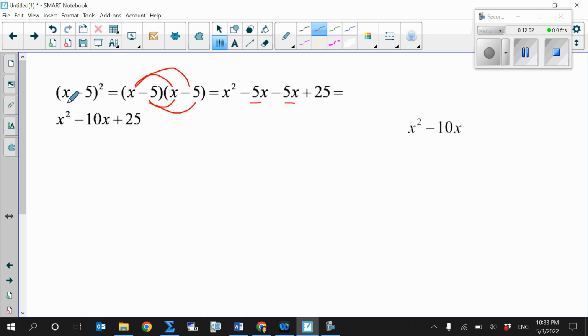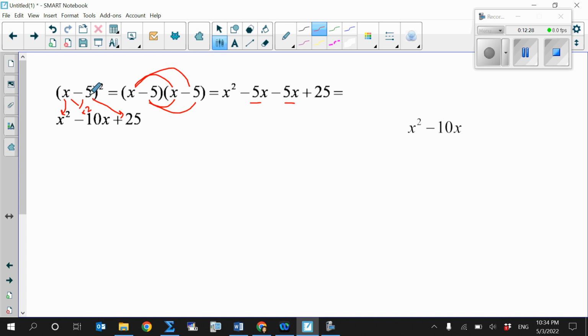And see how the terms are related. The first term is x, and the first term in this expression is x squared. The second term is negative 5, and then we have negative 5 squared here. But what is the middle term? That is x times 5 times 2.